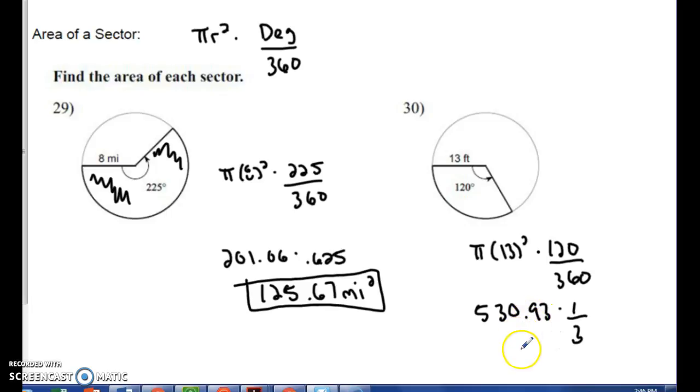And I get that piece of pie to be 176.98 feet squared. So I'm going to ask you to try the rest of these area of sectors and the arc length questions. We'll talk about those tomorrow.